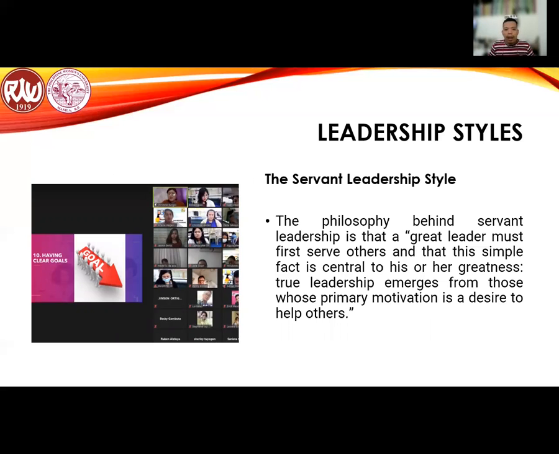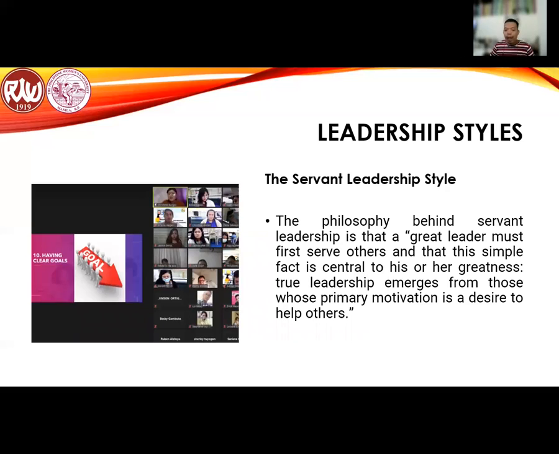The other one is the servant leadership style. This participatory style of leadership pushes the ego aside and considers the needs of others rather than focusing on self-interest.